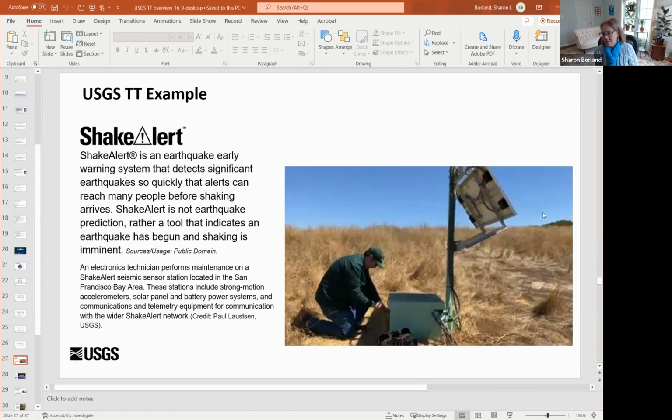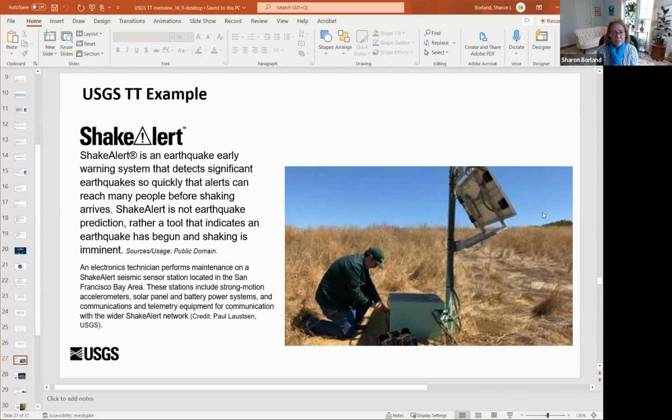Okay, now I'm going to talk a little bit about some concrete examples that we have of technology transfer. This is a successful technology transfer, and it's still ongoing. This is the ShakeAlert system, which is an early warning system for earthquakes.